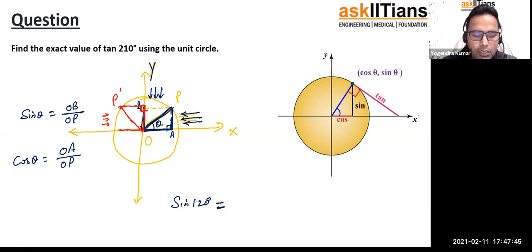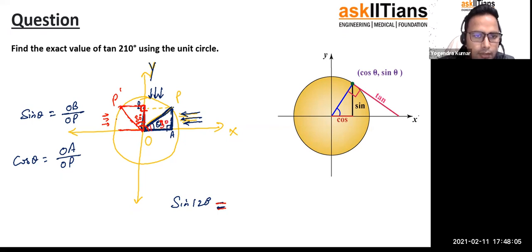what is sine 120 degree. So sine 120 degree, if you see here, is 90 plus 30, right? 90 plus 30 is 120. This is 120 here. So can I make a triangle here, which has 30 degree here?